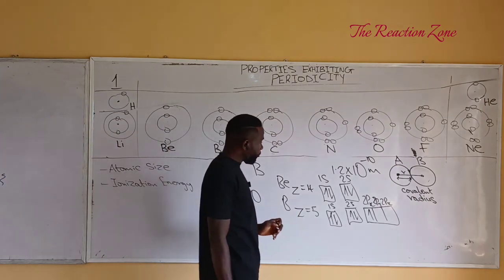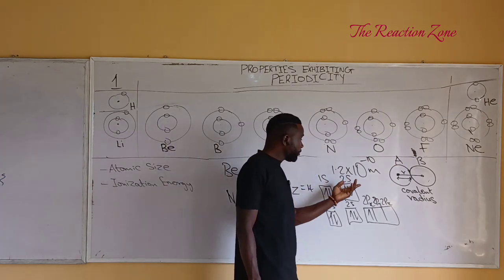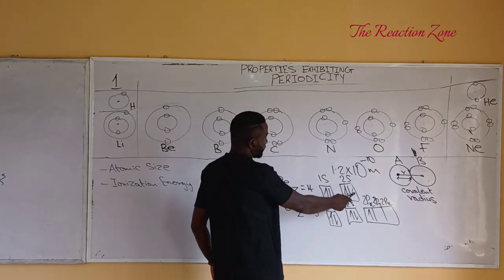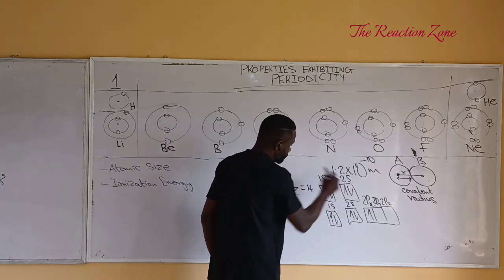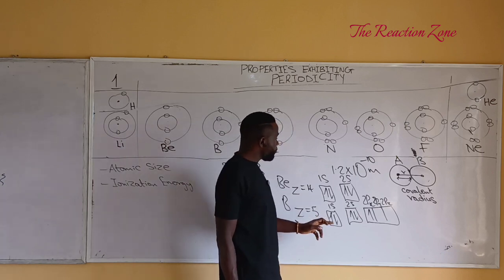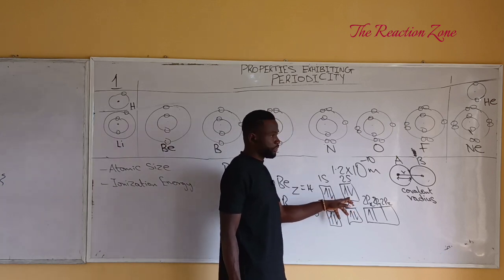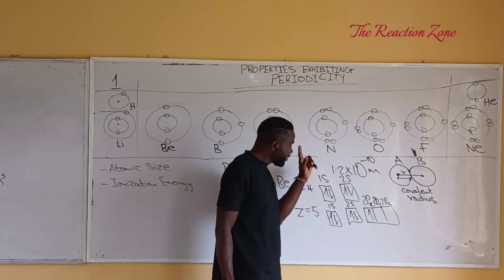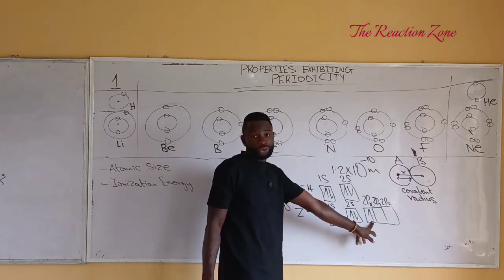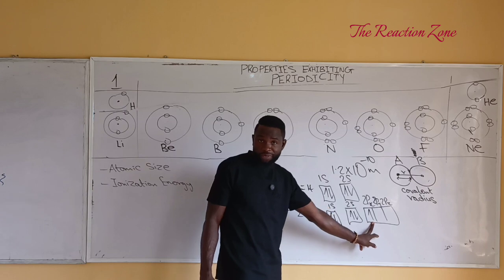Why? Because of a filled subshell. The 2s subshell is filled with 2 electrons, and the energy required to remove one of these electrons from this pair is greater than the energy required to remove this unpaired electron in the 2px orbital.